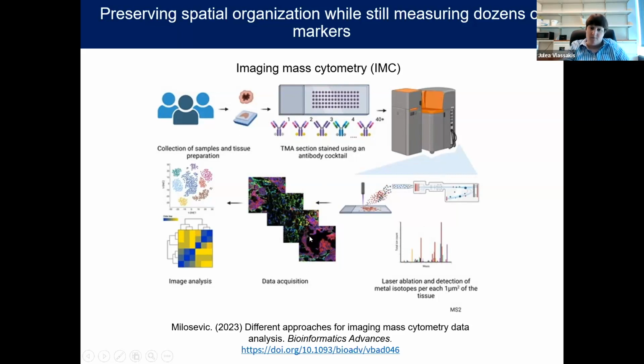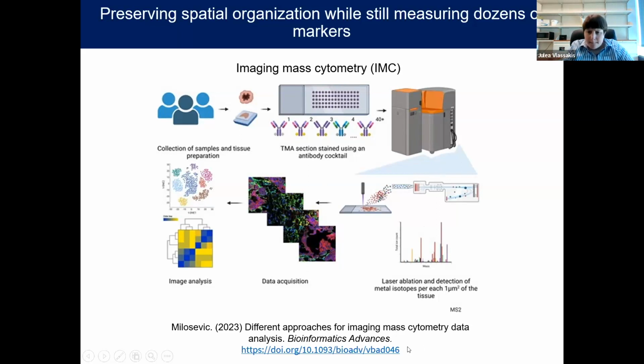And ultimately, you get very similar images to immunofluorescence and the ability to identify cell subpopulations using tSNE and different hierarchical clustering type techniques, et cetera. So a nice review of imaging mass cytometry is available.